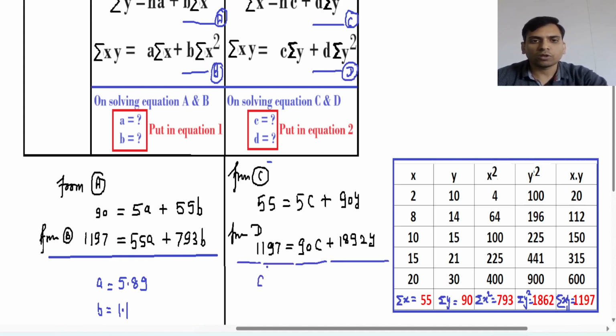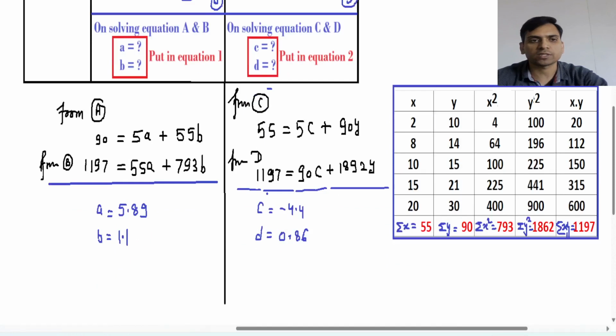On solving these two equations, you will see value of C as minus 4.4, and value of D is 0.86 on solving these two equations.